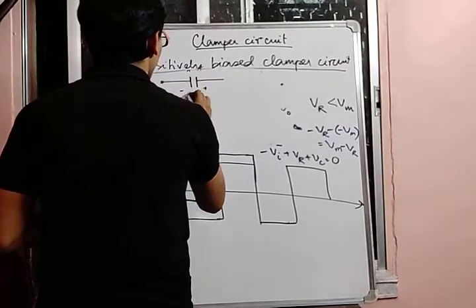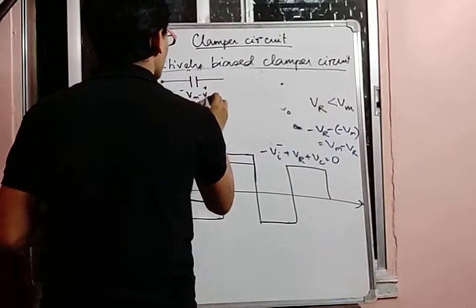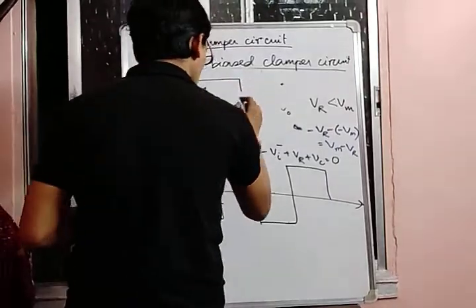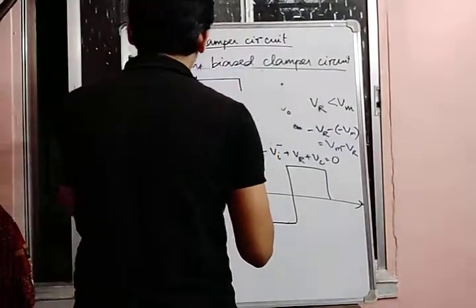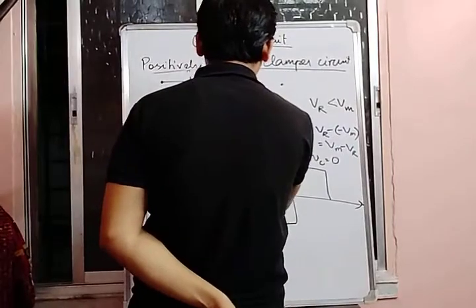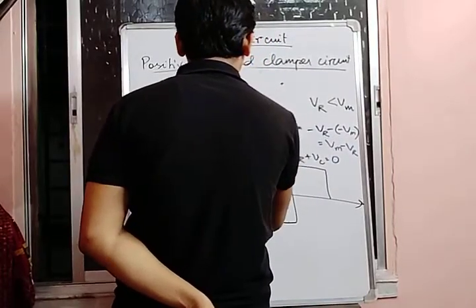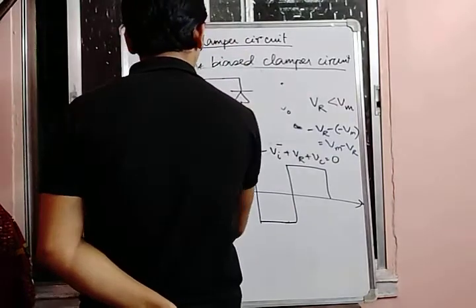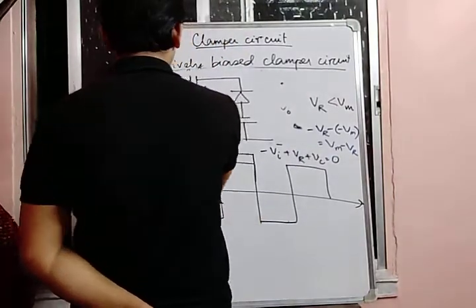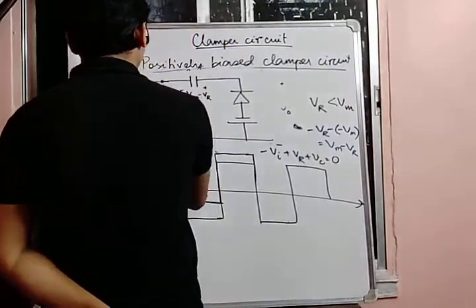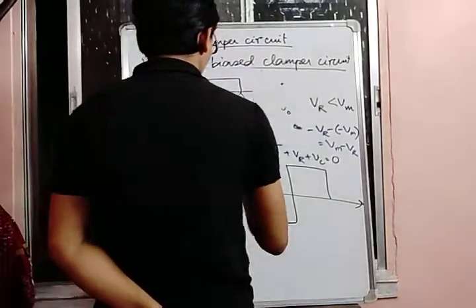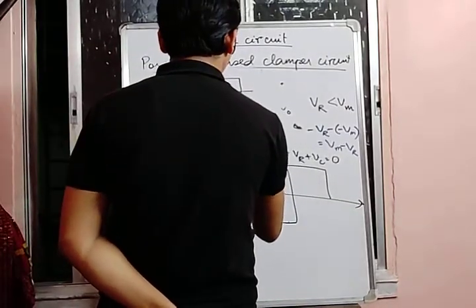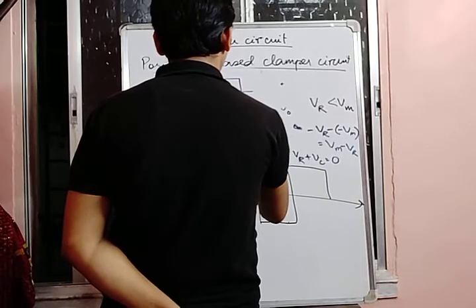This one was plus, this one was minus, and plus Vm minus Vr. We are considering the positively biased clamper circuit, so we are considering the negative half cycle. This is minus, this is plus, and this one we have considered to be the reference. So obviously it's minus Vr.